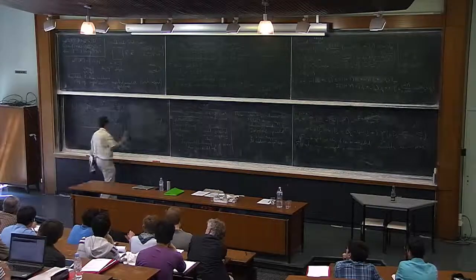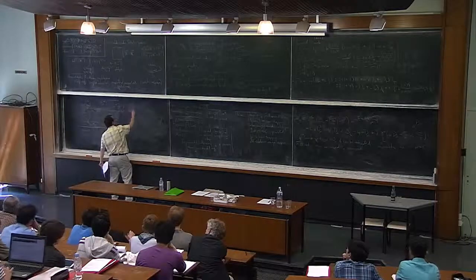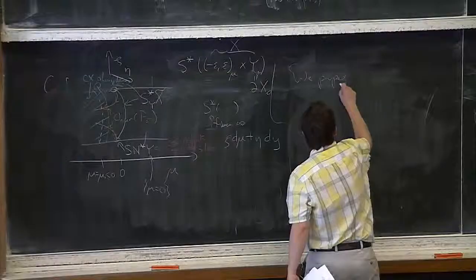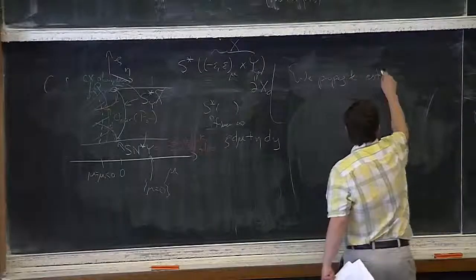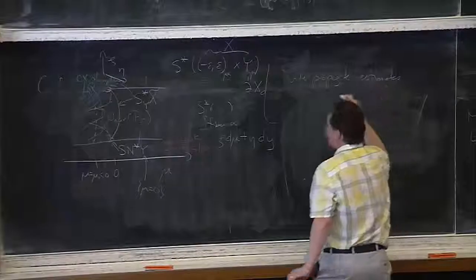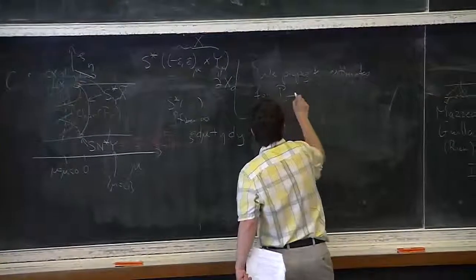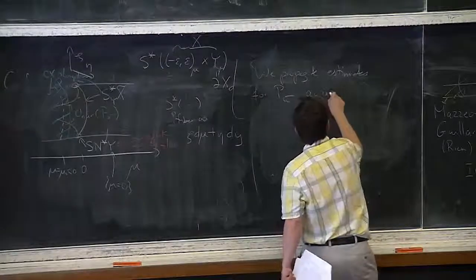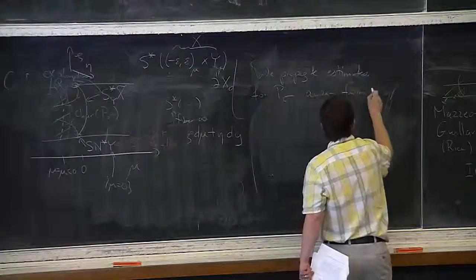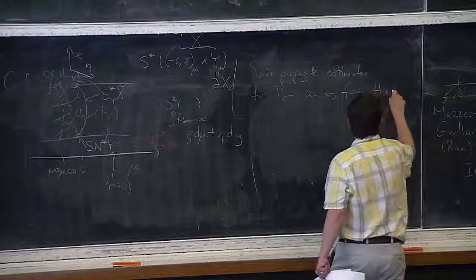What we do is we propagate estimates for P_sigma away from the radial sets. They're really radial sets in this case.